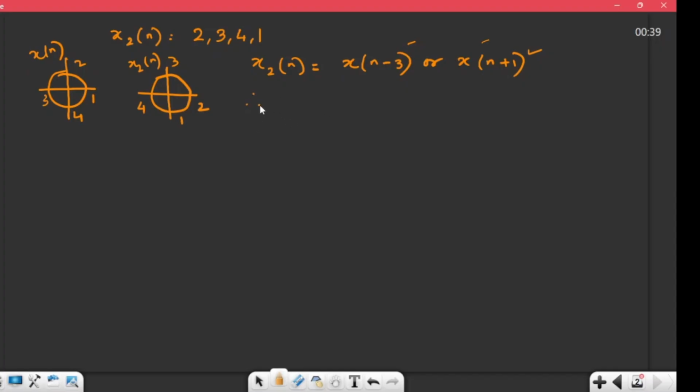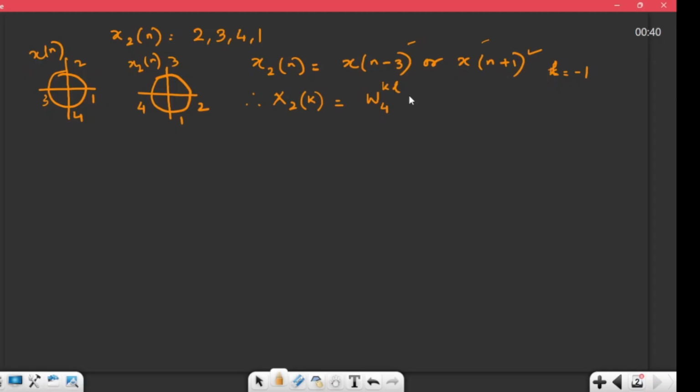Therefore, the DFT of x2(n), x2(k), is equal to, if you see, it is positive k, so it was k into L, but since here L is negative, L is minus 1, your DFT will be W. What is the formula?